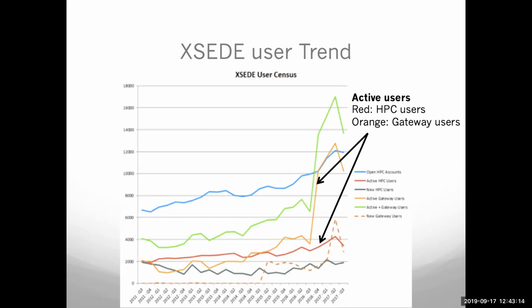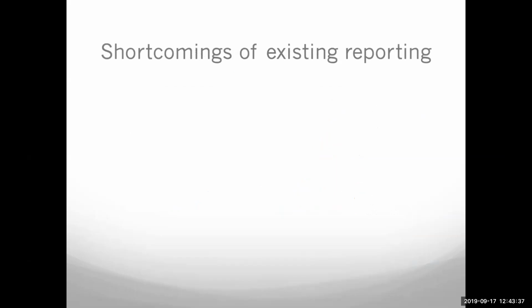So there is a fourfold or fivefold difference between the number of gateway users and HPC users. This is an important area for XSEDE and SPs to track, to see how wide the community is and how they are using the available resources. So gateways are quite popular on XSEDE, and that's not surprising.